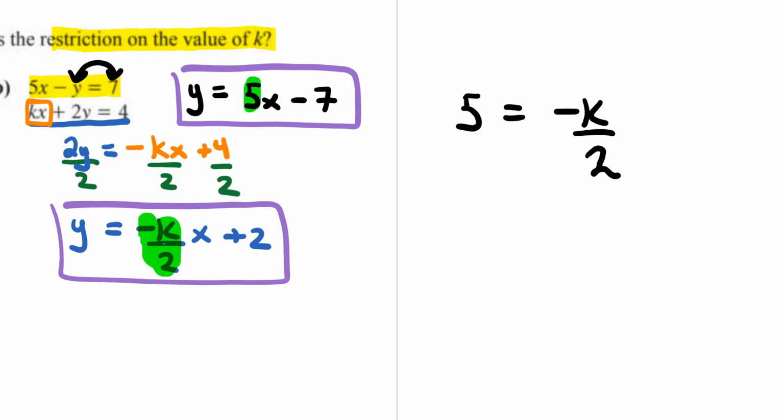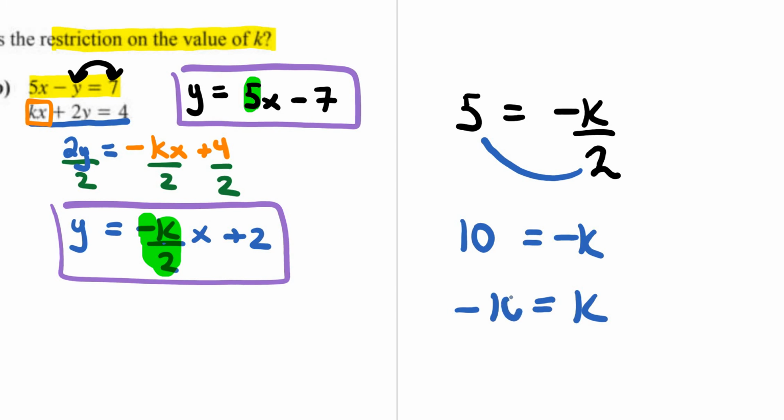Solving for k, 5 times 2 is 10 equals negative k, so k is negative 10. If k equals negative 10, the slopes are the same, so we want the slopes not to be the same, which means k can be any value except negative 10. If k is anything but negative 10, then we'll have one solution.